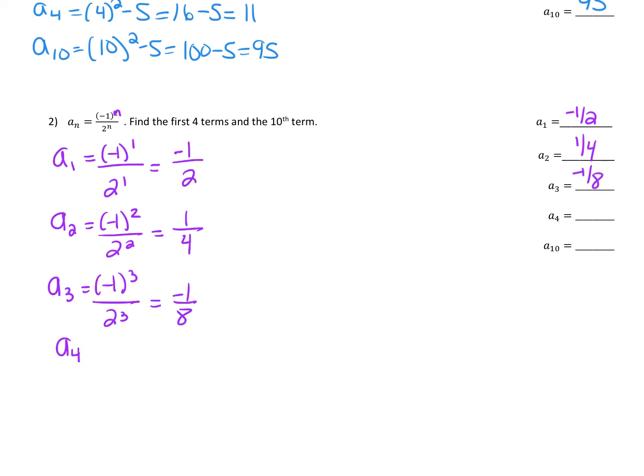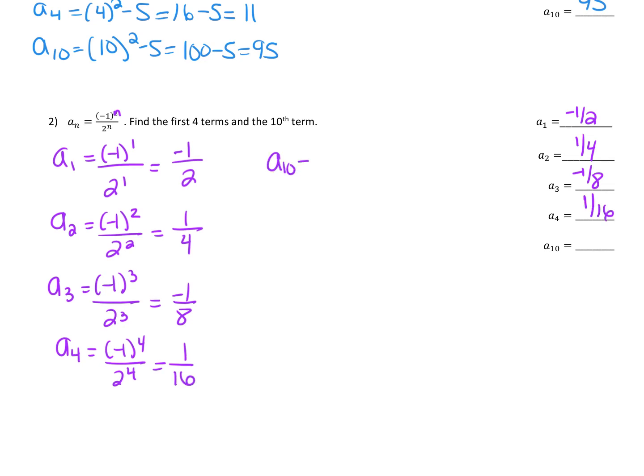Then I'll plug in 4. Anything raised to an even power is positive, so 1 over 2 to the 4th, which would be 16, so 1/16. Oops, that should be a 4, I apologize.